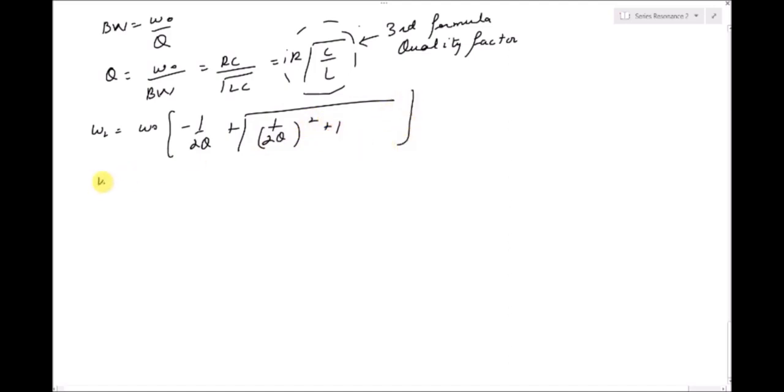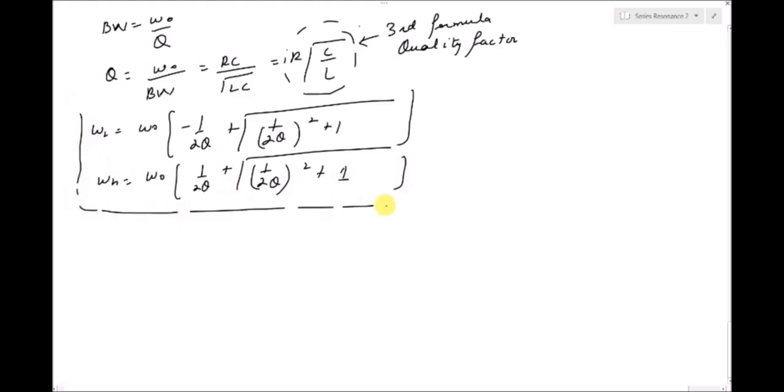And for the upper cutoff frequency, it is omega naught times 1 over 2Q plus the square root of (1 over 2Q) squared plus 1. So these are the formulas for the lower and upper cutoff frequencies in terms of quality factor and resonance frequency.